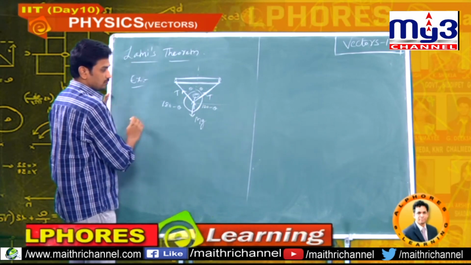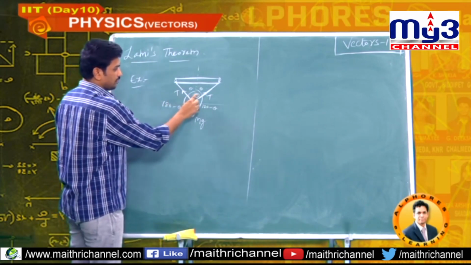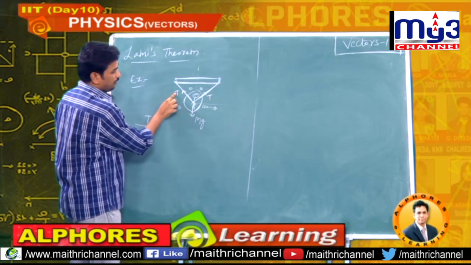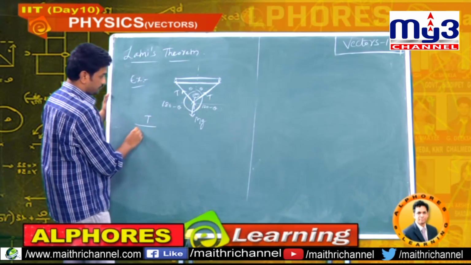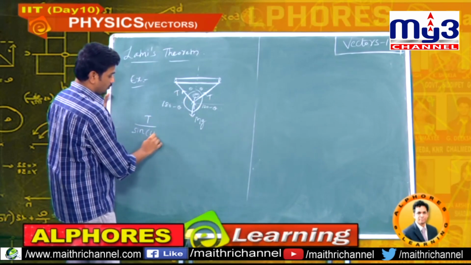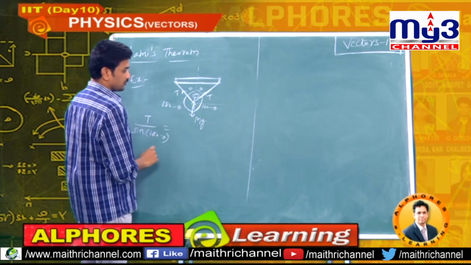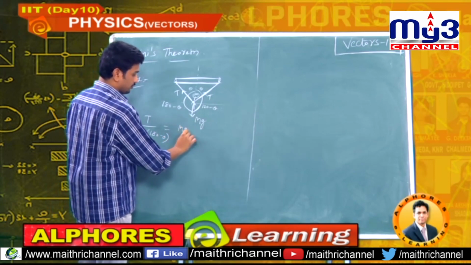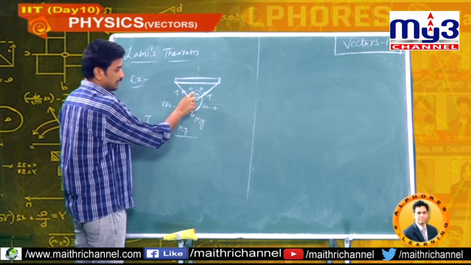Now can I use Lami's theorem? Because we have three forces, T, T, mg. T by sine of opposite angle, 180 minus theta. Now here, this is mg divided by sine 2 theta.